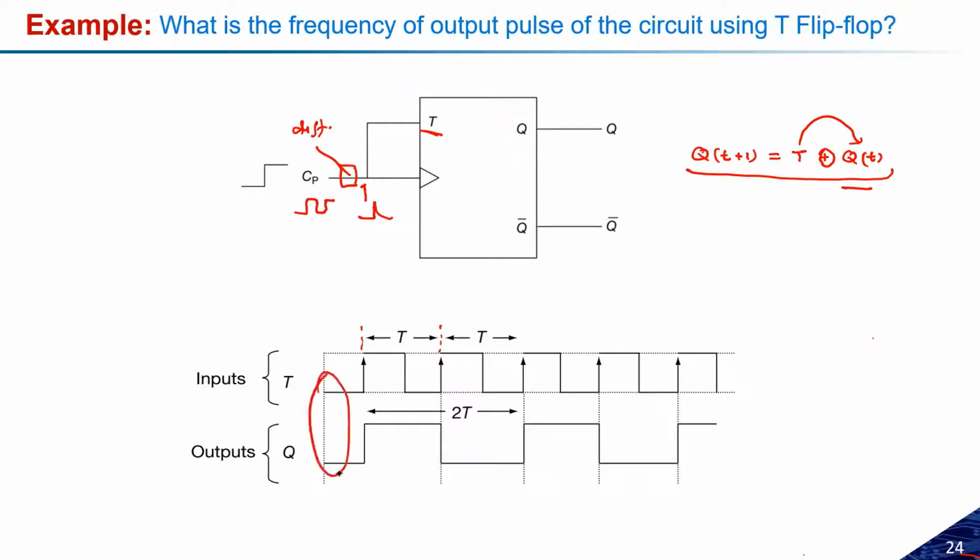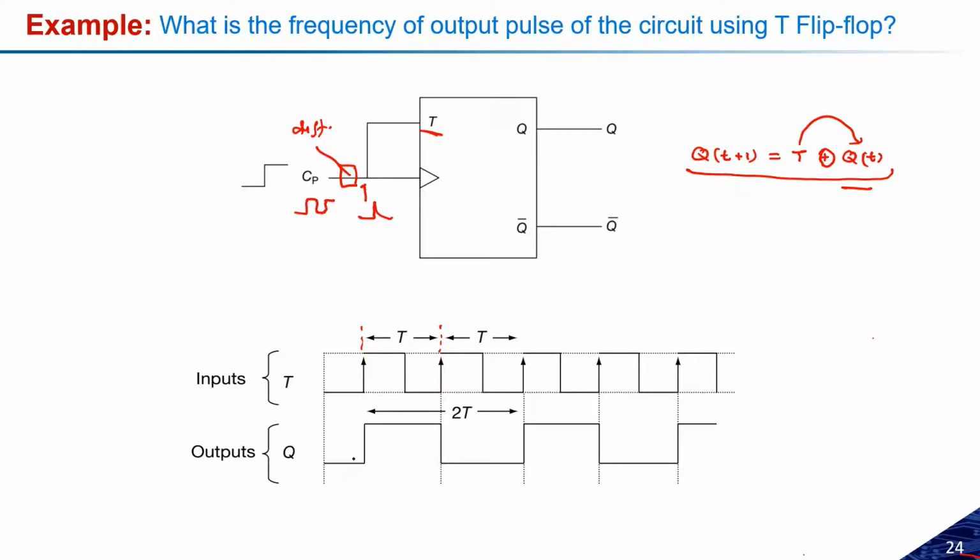Let's leave this first state. If I have to get this value, I need to consider what is the current T and what is the previous Q. So I have to XOR this one with this one to get this one.